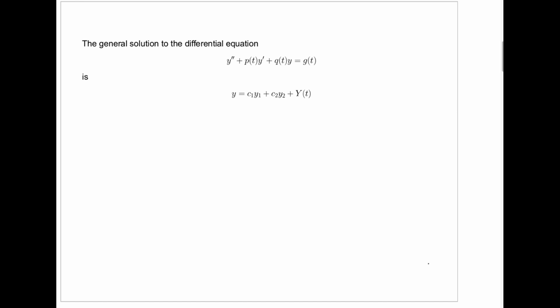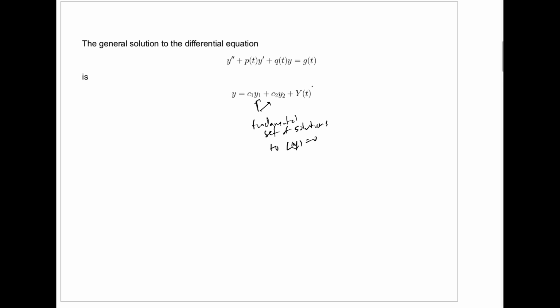Now, my claim is the general solution to the non-homogeneous differential equation is very similar. You just take the general solution to the homogeneous differential equation, c1y1 plus c2y2. Again, c1 and c2 are just arbitrary real numbers, and y1 and y2 are a fundamental set of solutions to the homogeneous equation L of y equals 0.